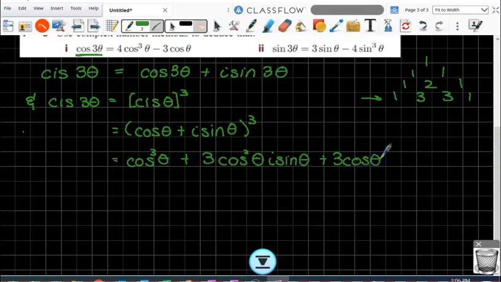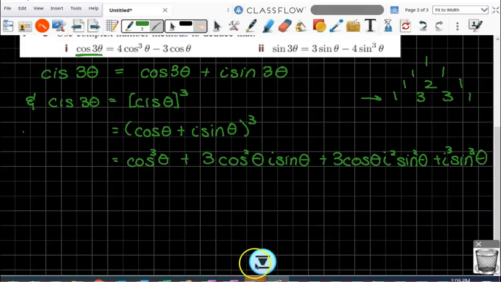Cos cubed, cos squared, cos, but careful, because we're squaring all of i sine. So it becomes i squared sine squared, and then plus i cubed sine cubed theta.